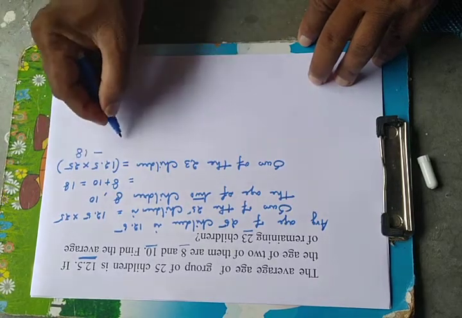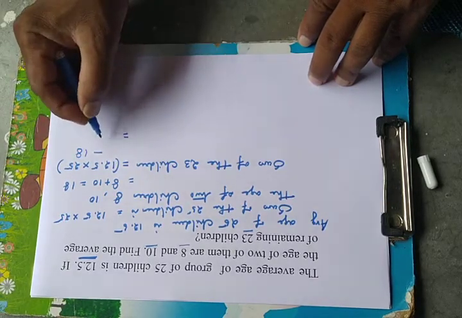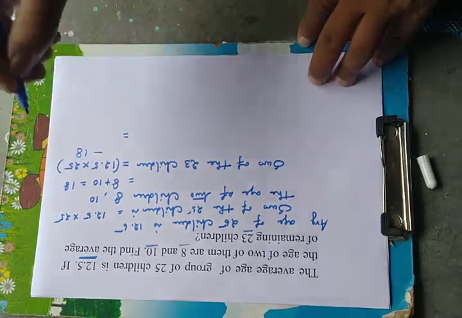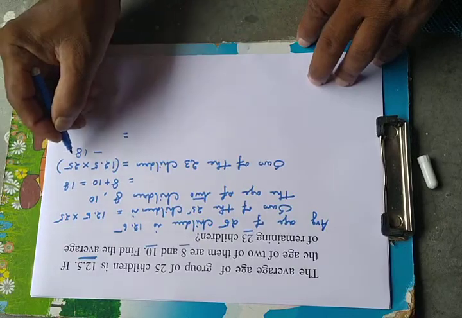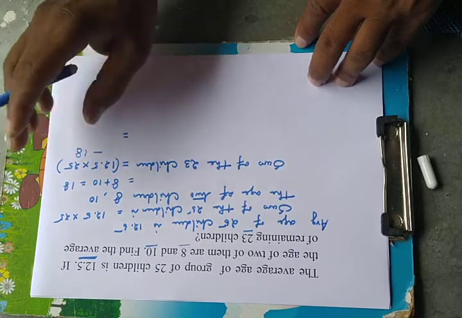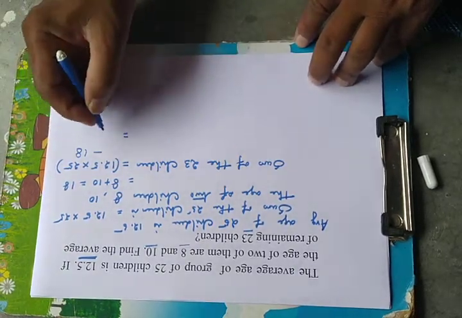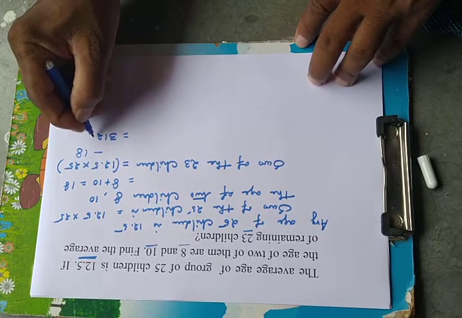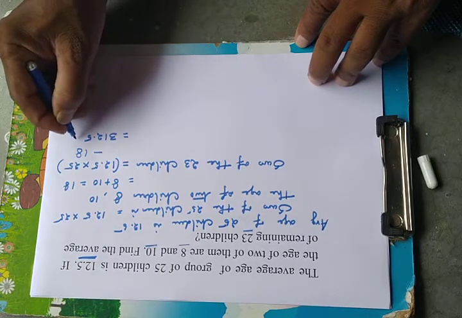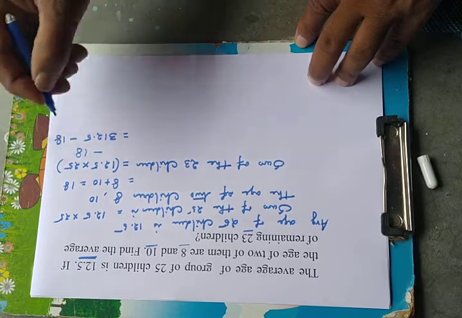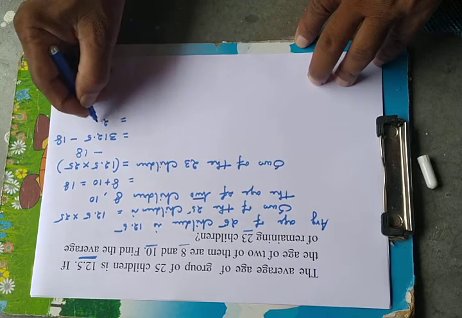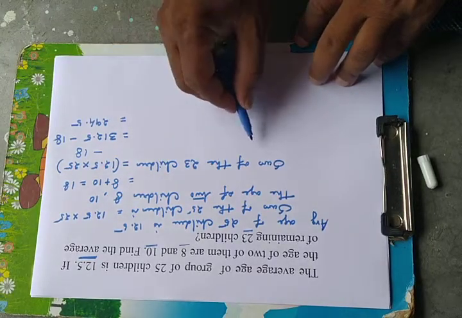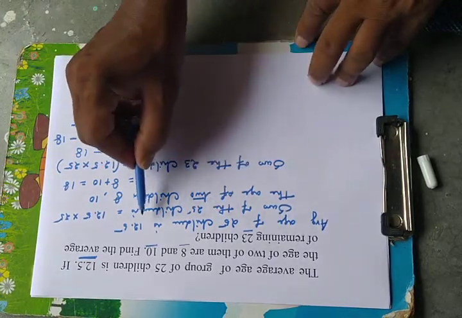So that 23 children's sum becomes 312.5 minus 18, that gives 294.5.